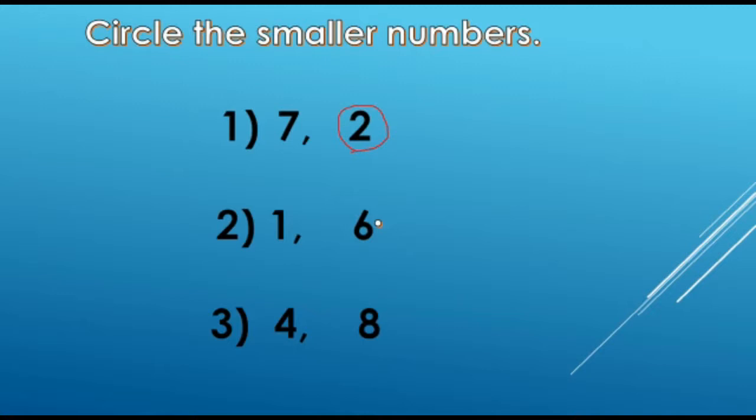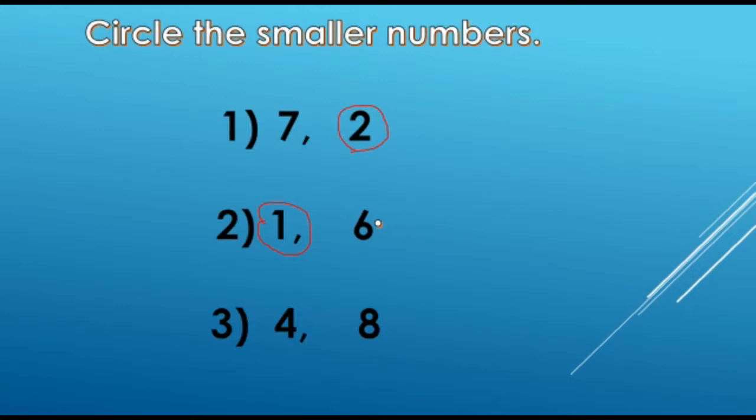Very good. Now the next question is 1 and 6. Which is the smaller number here? 1. Okay, 1. Then we have to circle the number 1. Now the third and last, 4 and 8. Which is the smaller number? 4. Very good.